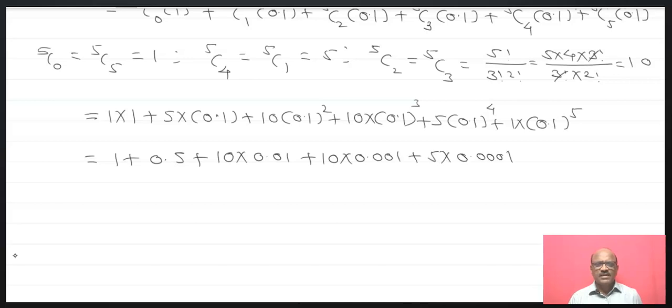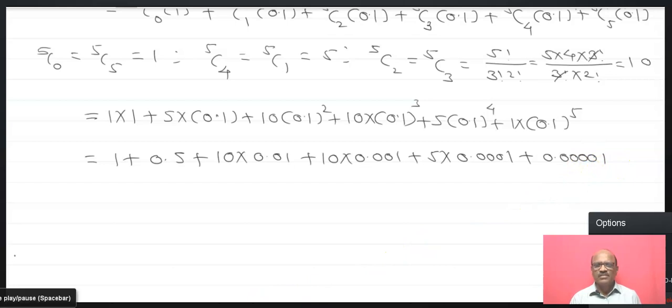Next, 10 into 0.1 squared, that is 0.01 into 10, and overall you will get 0.1. Next 10 into 0.1 cubed, then you will get 0.001, plus 5 into 0.0001 and 1 into 0.1 raised to 5, that is 0.00001. That is 5 places.